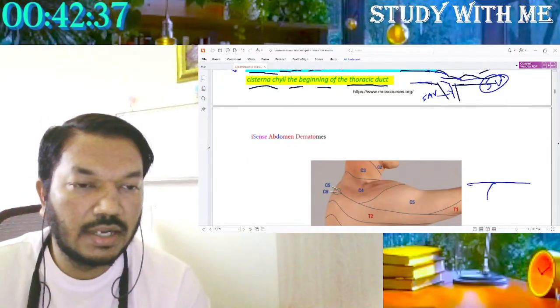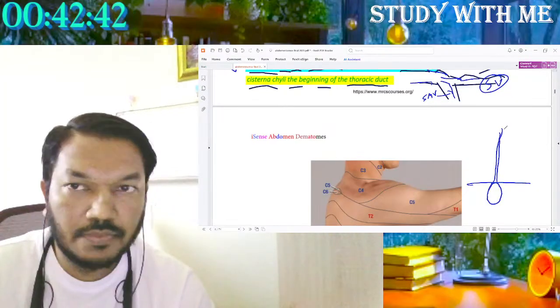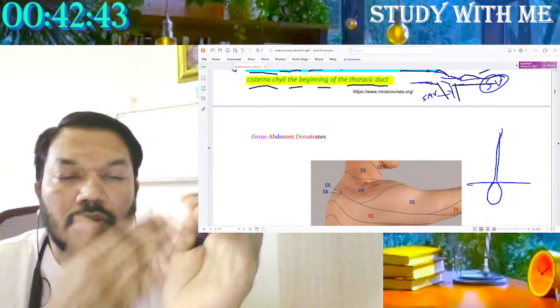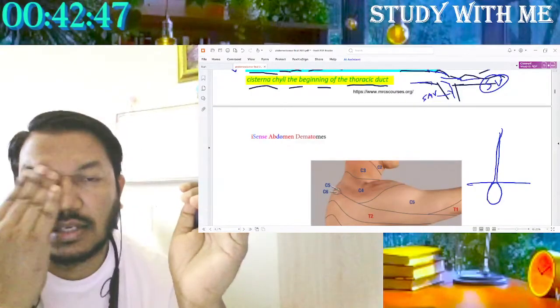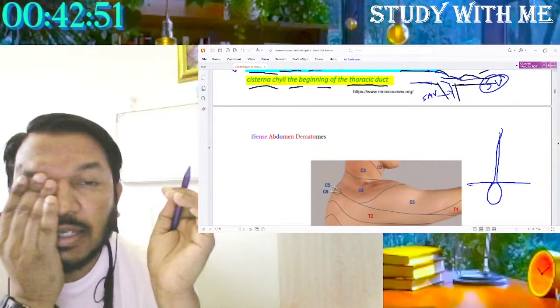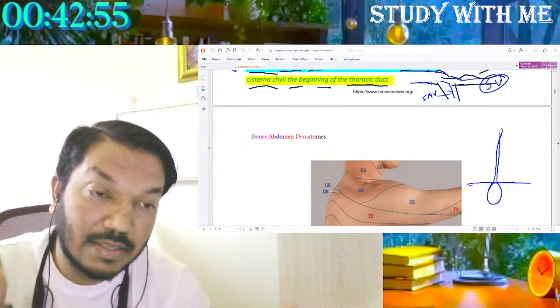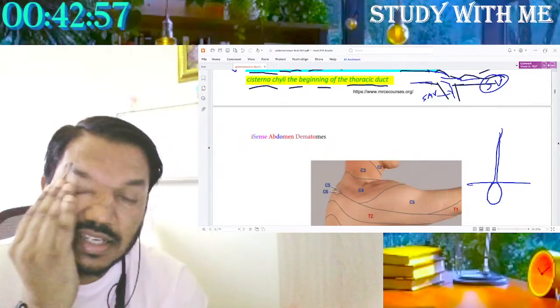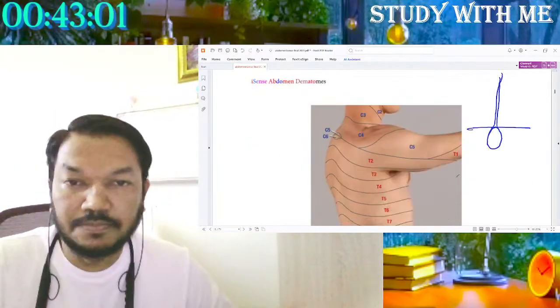It is a structure. Thoracic duct, cisterna chyli, the beginning of the thoracic duct. This part is called cisterna chyli. It is a somewhat bigger structure. We will see this structure next.